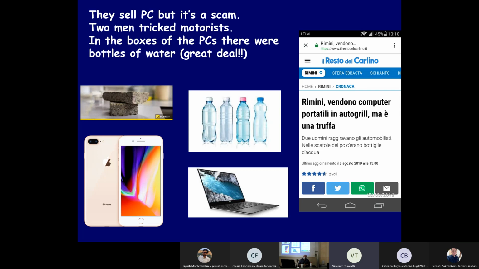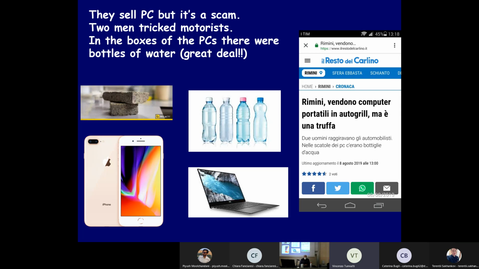It's my iPhone and so on. I go home and then I try to use it. When you are at home, you open the box and you find two rocks with the same weight and the same dimension as the iPhone. This is the concept of isosterism.